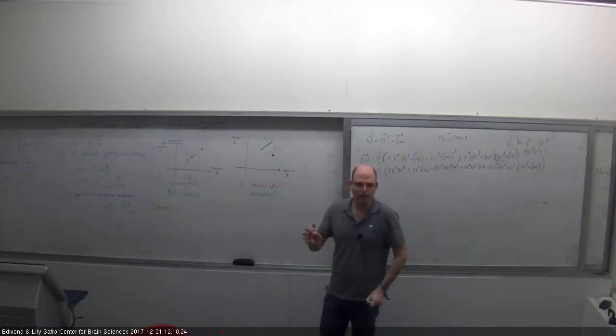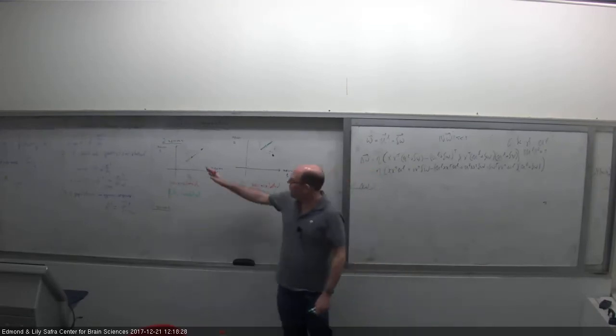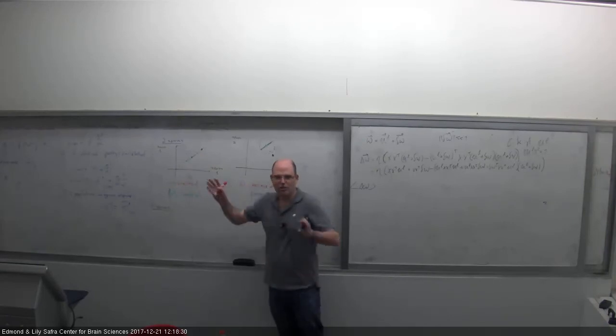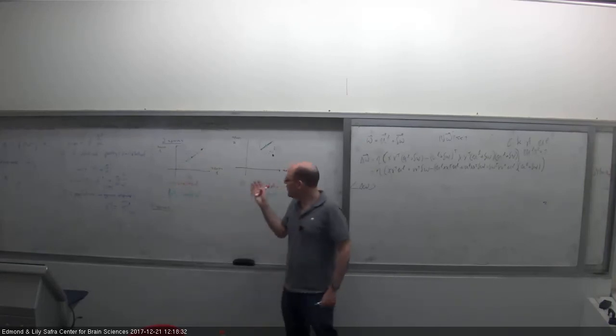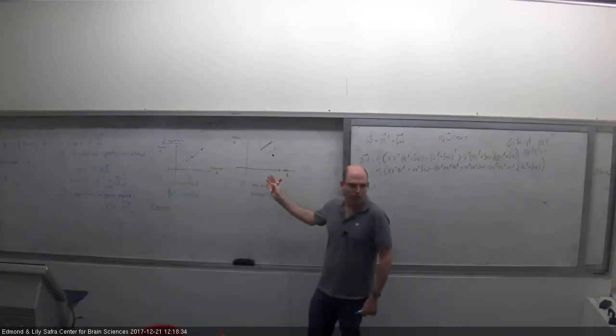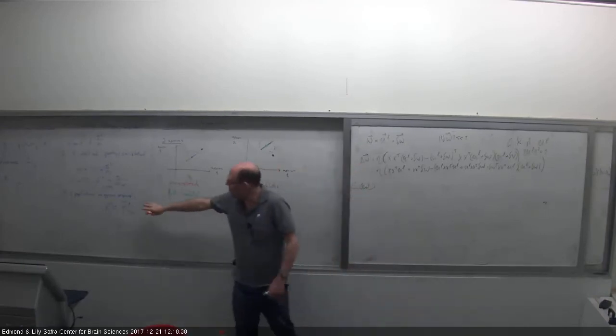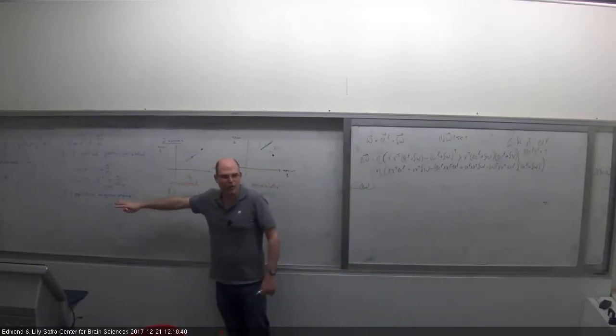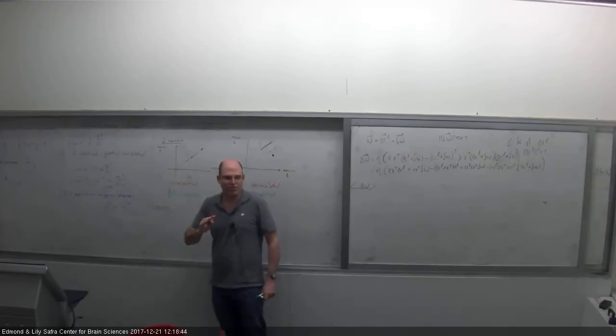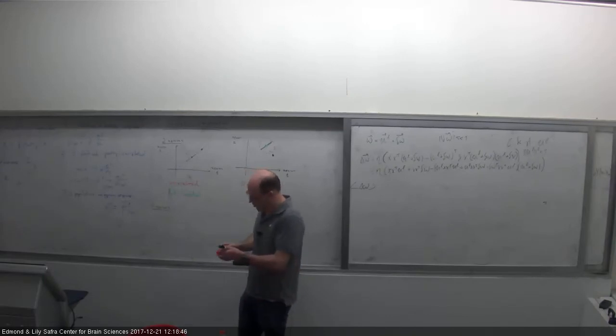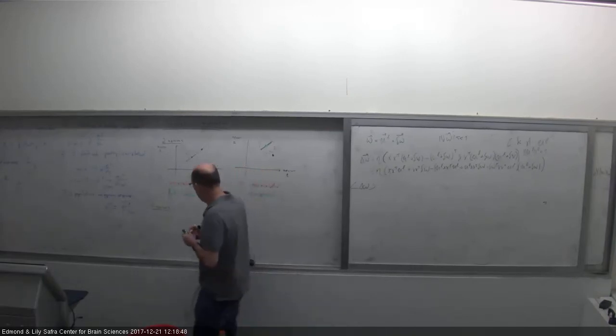One group with n over 2 neurons, and the other one also n over 2 neurons. In this case, from the start, we had the 2 groups. Our setup of the example was that half of the neurons increase the response, half of the neurons decrease the response. In this case, I'll just artificially divide the neurons into 2 groups.